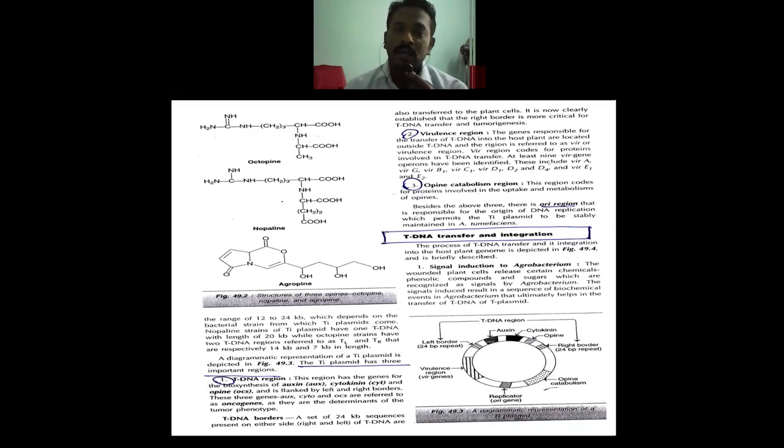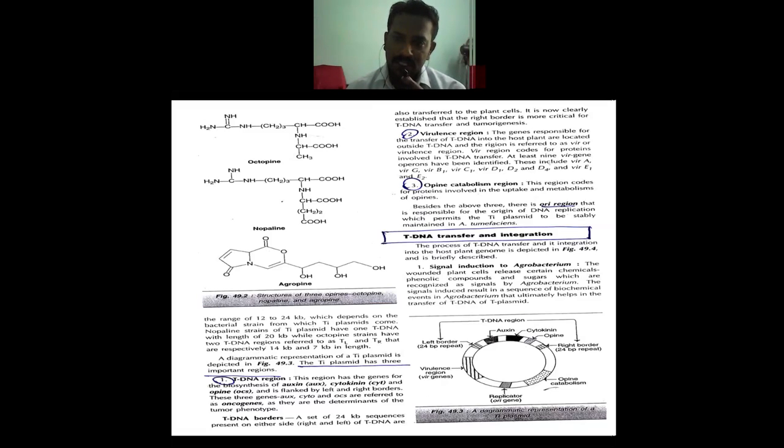Then the virulence region is also present. These genes responsible for transfer of the tDNA into the host plant are located outside the tDNA, and this region is referred to as the virulence region.